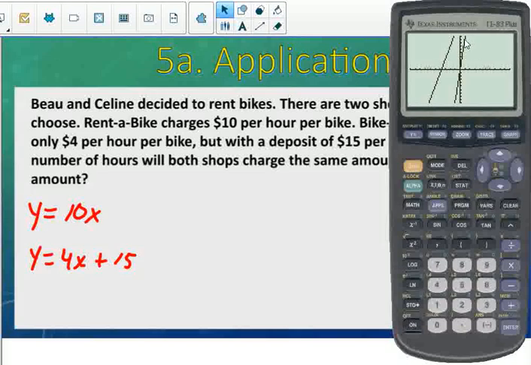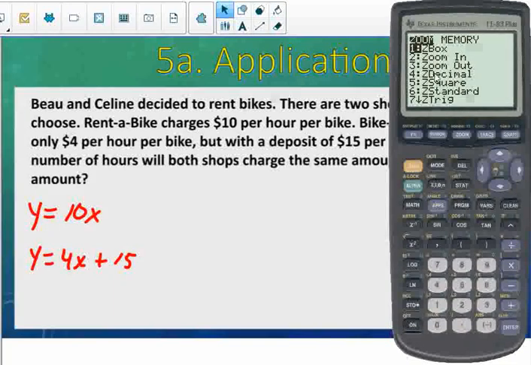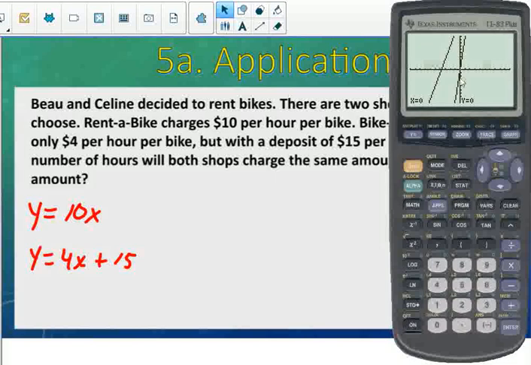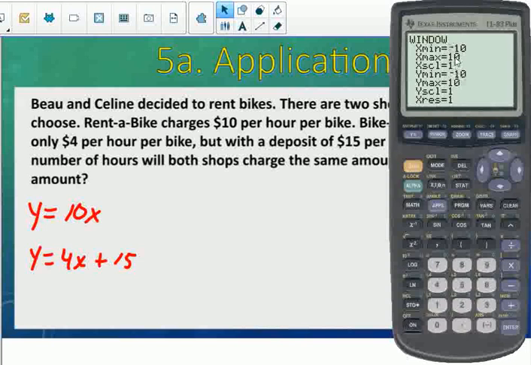And you can see that it's off here. So I'm going to hit the zoom. Let's zoom out. So number 3 didn't zoom out as much, so I'm going to change my window. Let's do our max for our y.